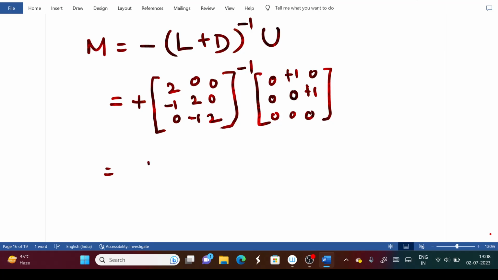Now this matrix inverse is half, 0, 0; 1 by 4, half, 0; 1 by 8, 1 by 4, 1 by 2.